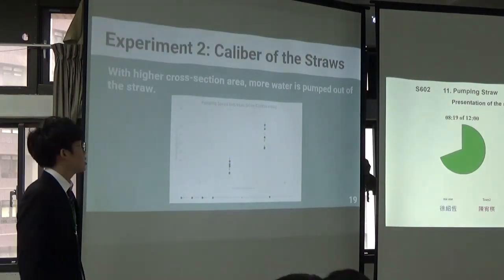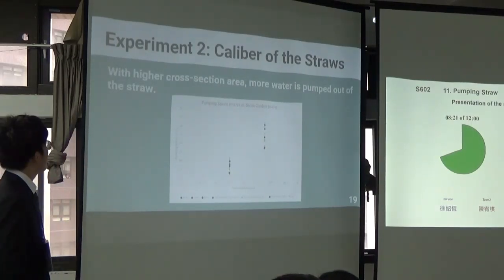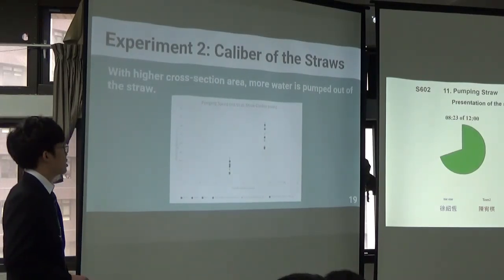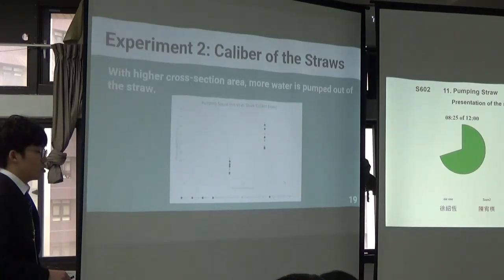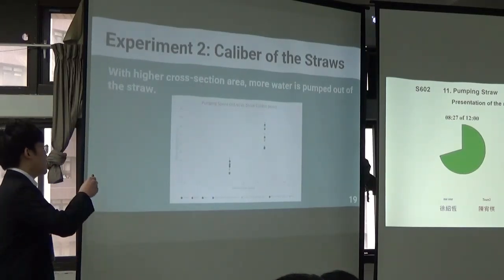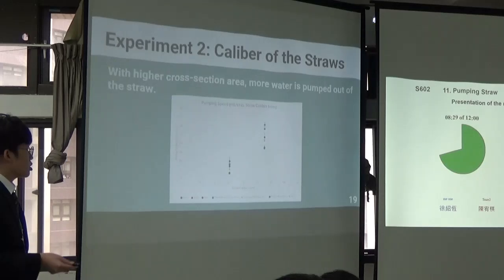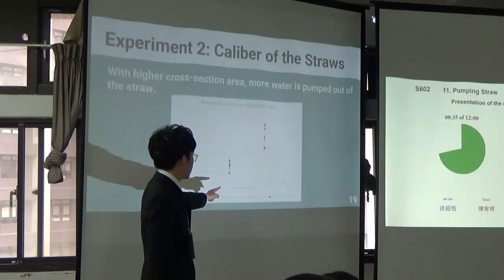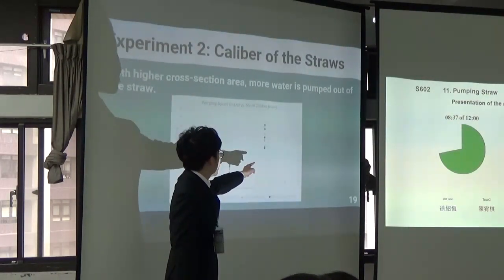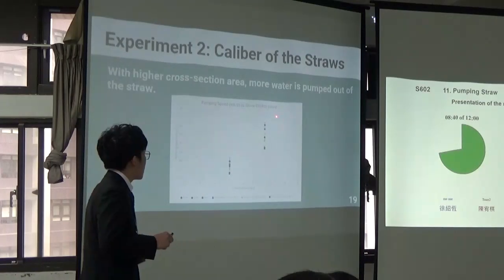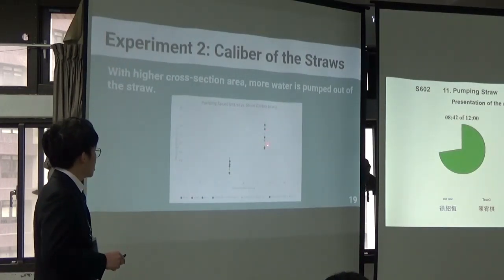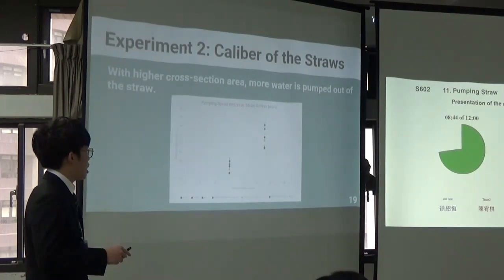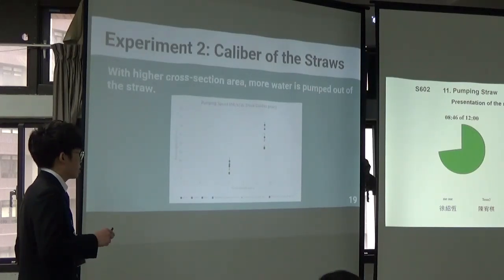And next, we would like to talk about the caliber of the straws. With a higher cross-sectional area, more water is pumped out of the straw. This statement means that a thicker straw has a higher flow rate, as you can see right here. This is the 6 millimeter straw, and this is the 11 millimeter straw. The flow rate of the 11 millimeter straw is obviously higher than the 6 millimeter straw.